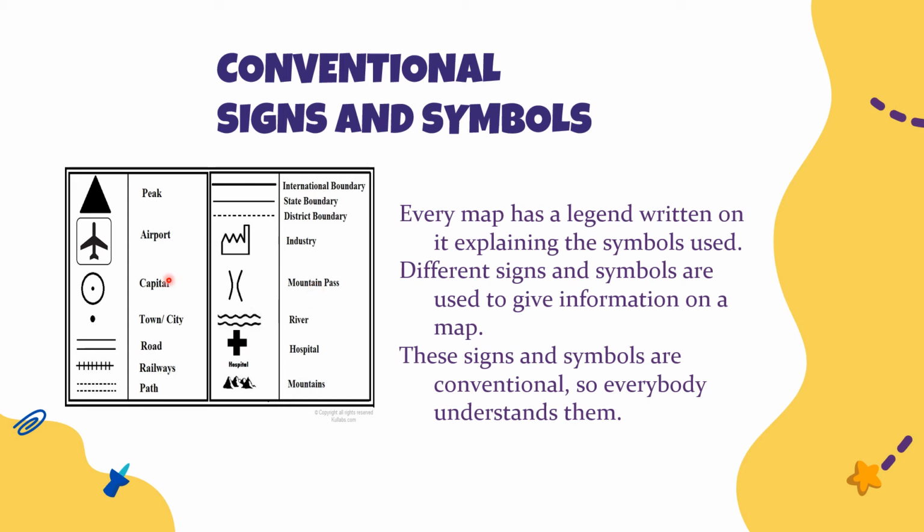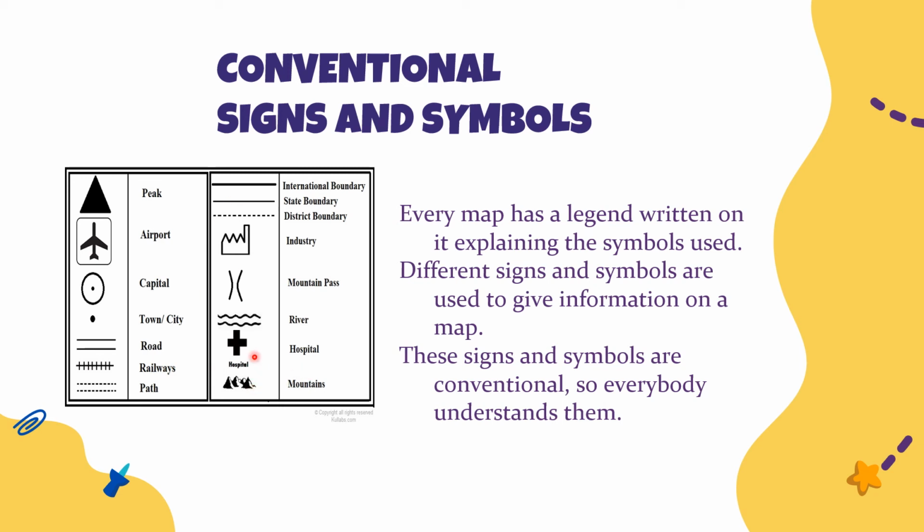This is called a legend, which means it explains the symbols in a map. For example, a capital of a country or a state is represented as a circle with a dot inside it. Similarly, important towns or cities are represented as a dark dot, and a road is represented as two parallel lines.